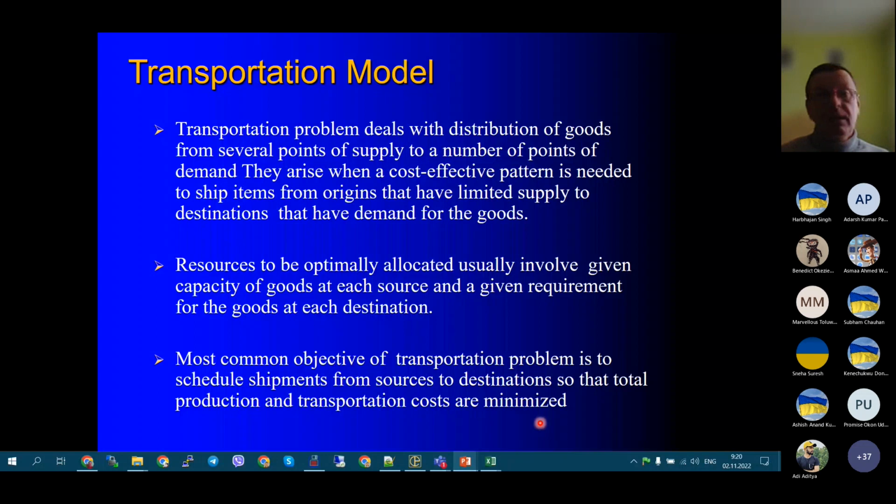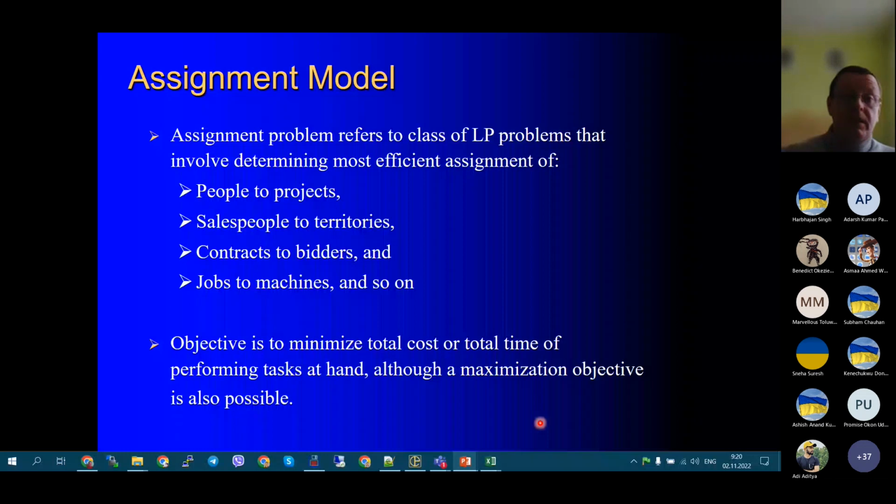In fact, this kind of task is not only related to goods transportation.